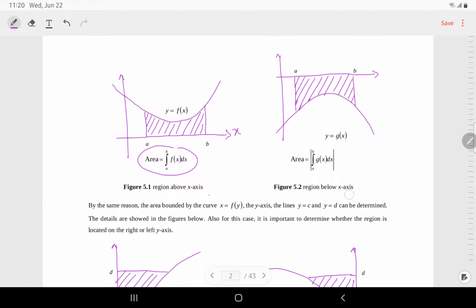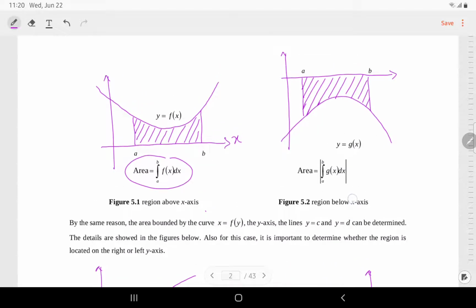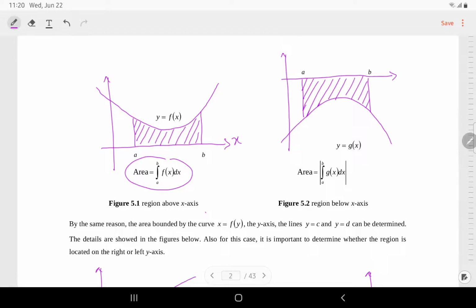Second case, in figure 5.2, this is our shaded region. You can see that the shaded region is below the x-axis. It is bounded by the curve, the x-axis, x equals a and x equals b.